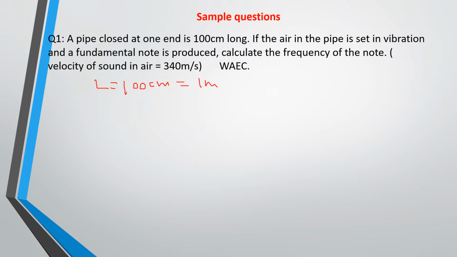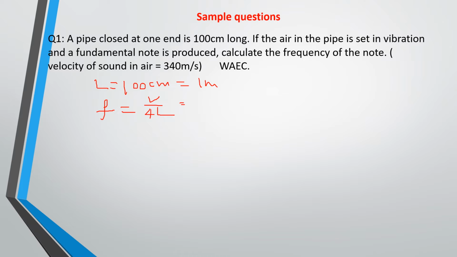Now, for a vibrating pipe that is producing a fundamental note, the frequency for a fundamental is equal to v all over 4L. If you substitute all this information into this equation, you will have your answer readily.